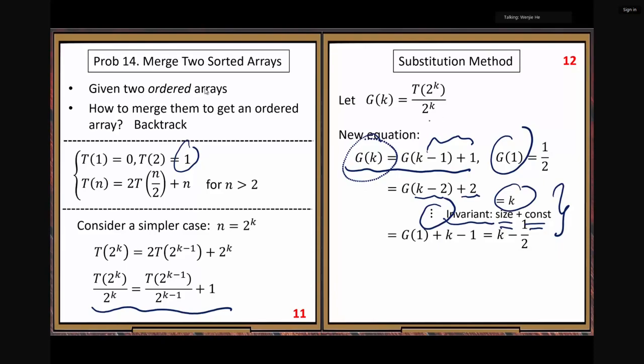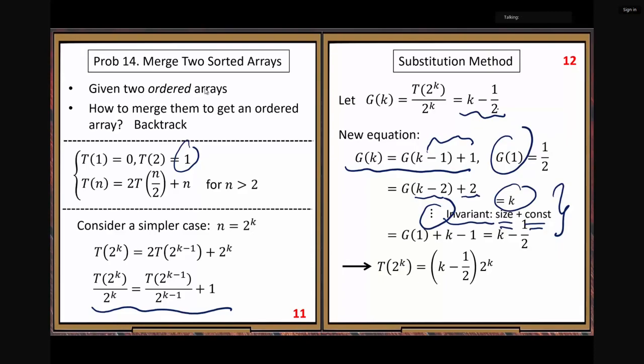Then we go back to the definition of the G function. T of 2 to the k over 2 to the k equals k minus 1/2. So T of 2 to the k equals parenthesis k minus 1/2 times 2 to the k.